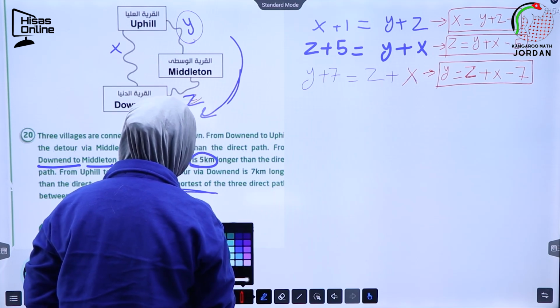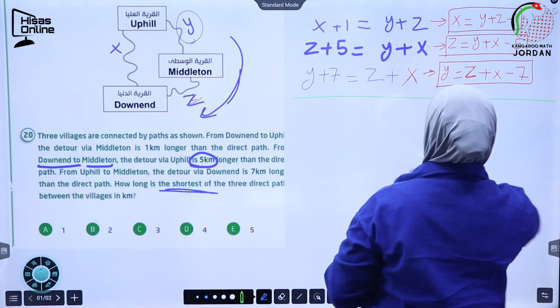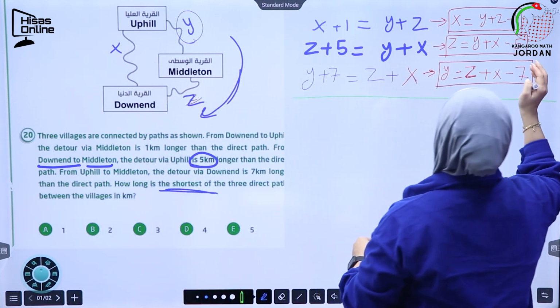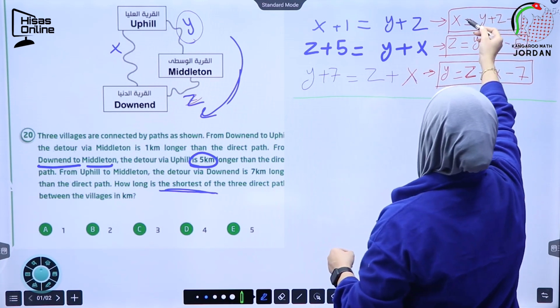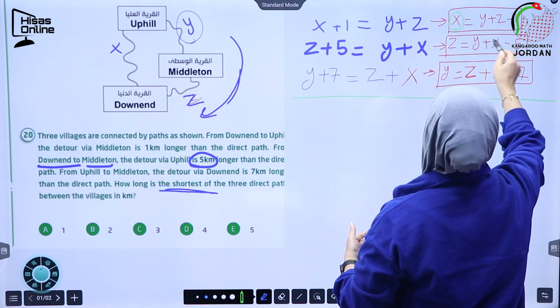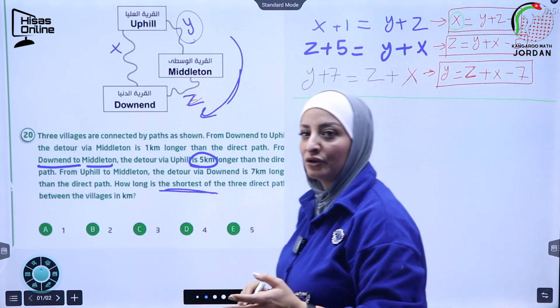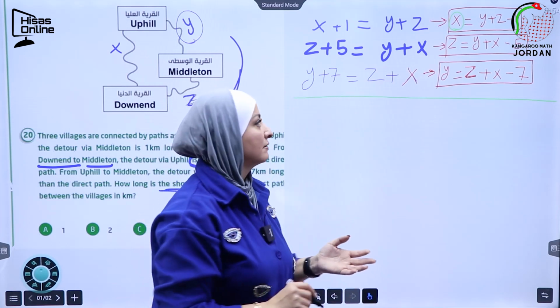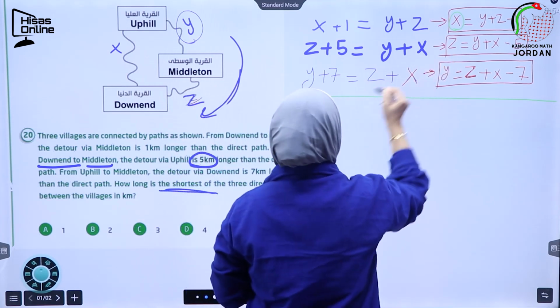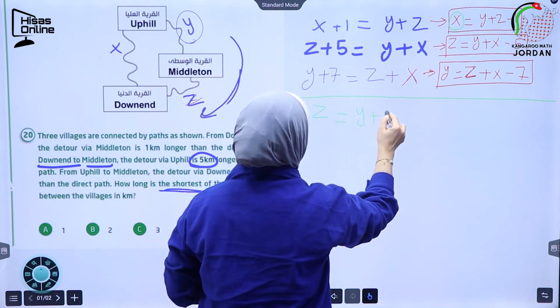Let's take the value of X in one of these equations and substitute it in one of these equations. No matter which one you start with, you will finally get the same results. Let's take equation number 2, which says Z equals Y plus X minus 5.